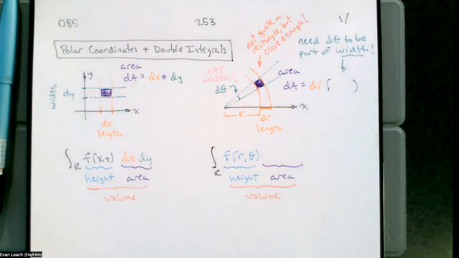So to turn d theta into a width that we can use in an area calculation, we just need to calculate the arc length of that little orange side.